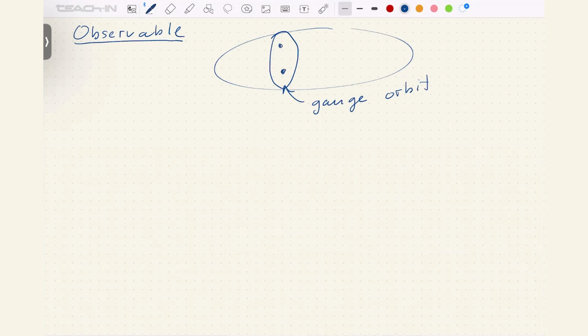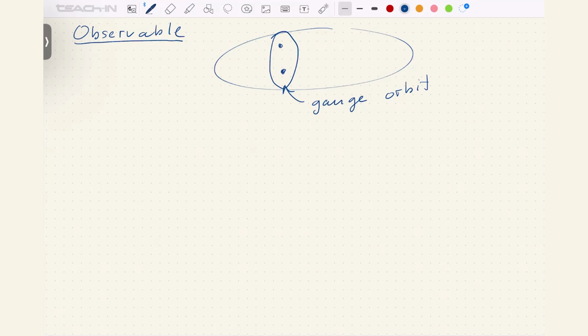But again, same picture. If there are 2 points, 2 states, which belong to the same gauge orbit, then we can't distinguish these 2 physical states by the measurement, because whatever we measure, the result should be the same. What does it mean mathematically? Mathematically, it means that observable should be constant along the gauge orbit.